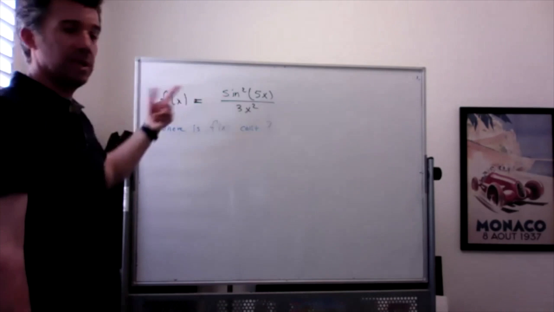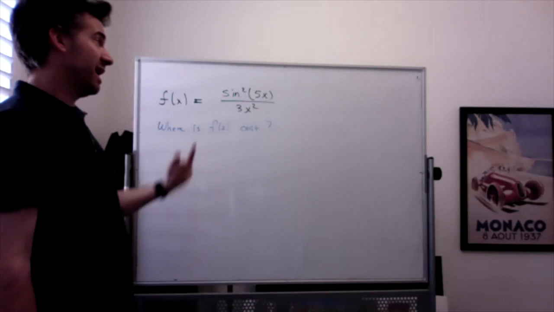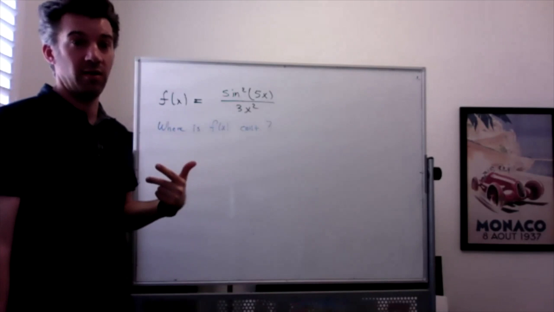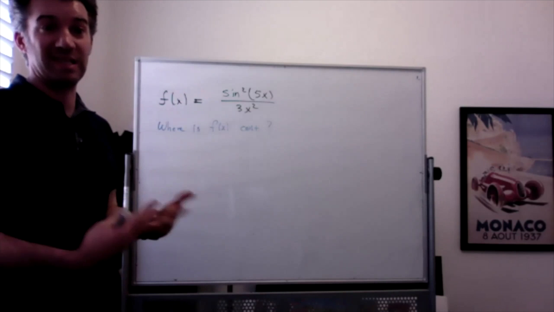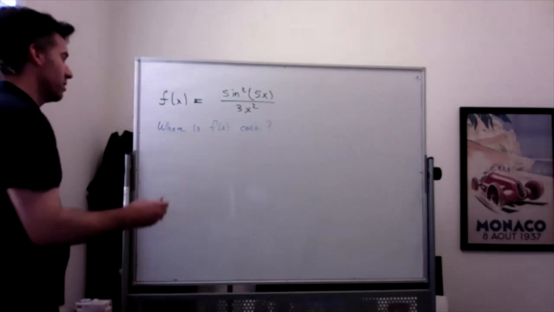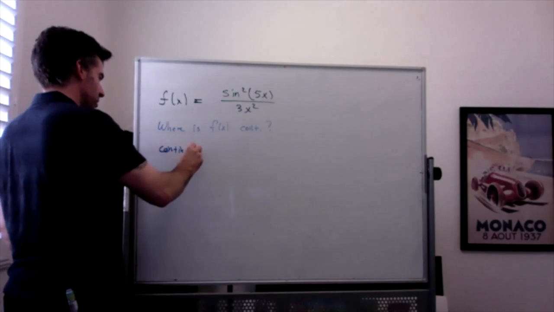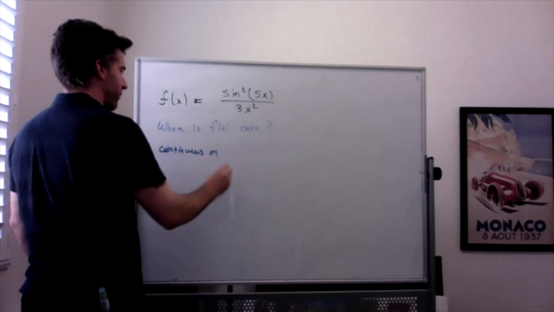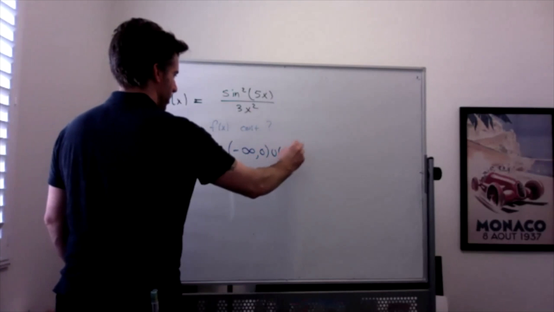Sine is a function that is defined everywhere and is continuous everywhere. Sine squared is also continuous everywhere. Sine squared divided by something is continuous as long as it exists. So it's continuous as long as x isn't 0. So we could say this is continuous on the interval from negative infinity to 0, union 0 to infinity.